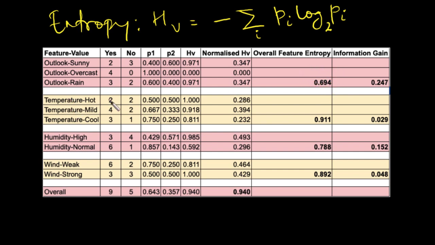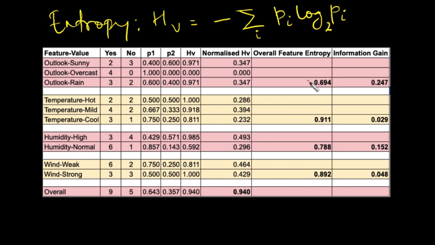Similarly, for temperature, you find the individual entropies, then the normalized entropies. For example, this 0.286 is 1 into 4 by 14. 0.394 is 0.918 into 6 by 14, and so on.